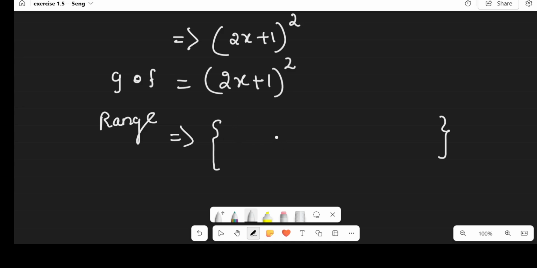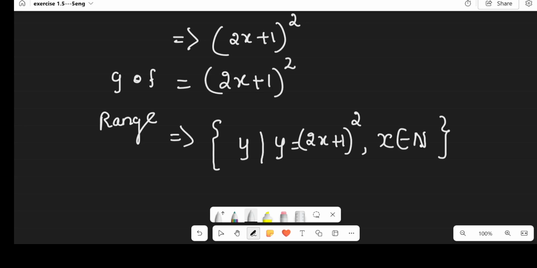So I am taking y means output, y is equal to 2x plus 1 the whole square, and we can include such that. So I am taking y such that y equals 2x plus 1 the whole square, comma. Here x is the input, y is the output, right? So I am taking x belongs to N.